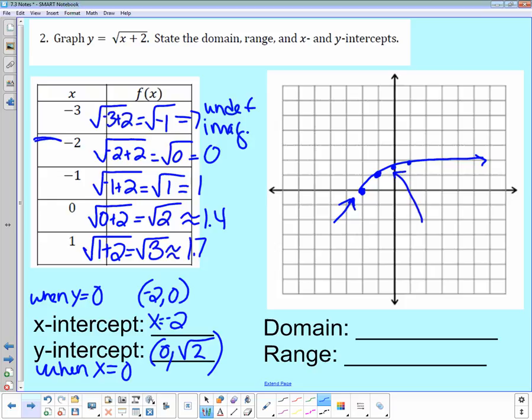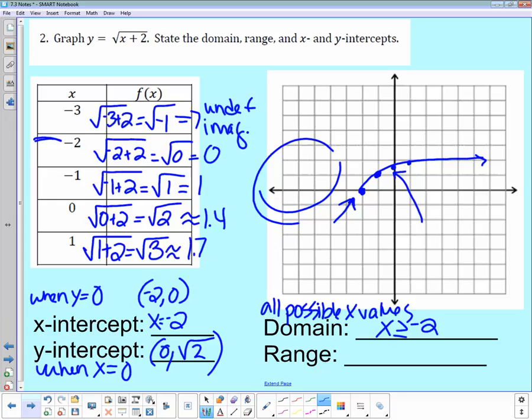All right, so the domain, just a little refresher, is all possible x values that exist for this function. If you notice our function, it starts right here. There are no x values going past our point at -2. So our domain is x is greater than or equal to -2.